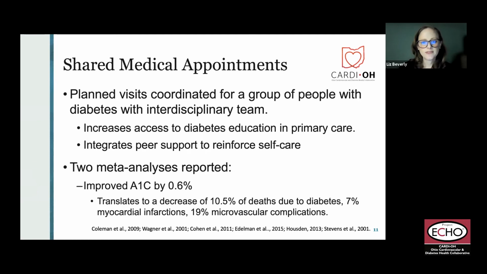What these meta-analyses showed is that this 0.6% translated to a 10.5% decrease in deaths due to diabetes, a 7% decrease in MIs, and a 19% decrease in microvascular complications. So shared medical appointments have been very effective for people with diabetes, and it's another way to integrate the interdisciplinary care team for advanced care planning. Next slide.